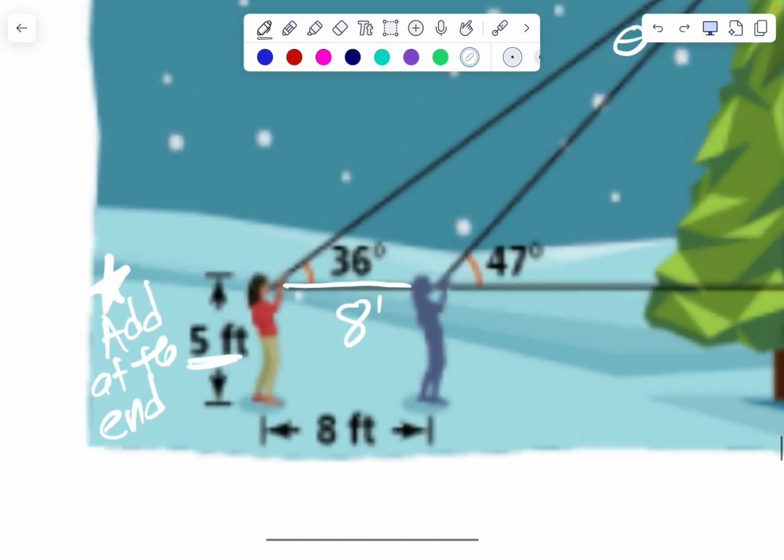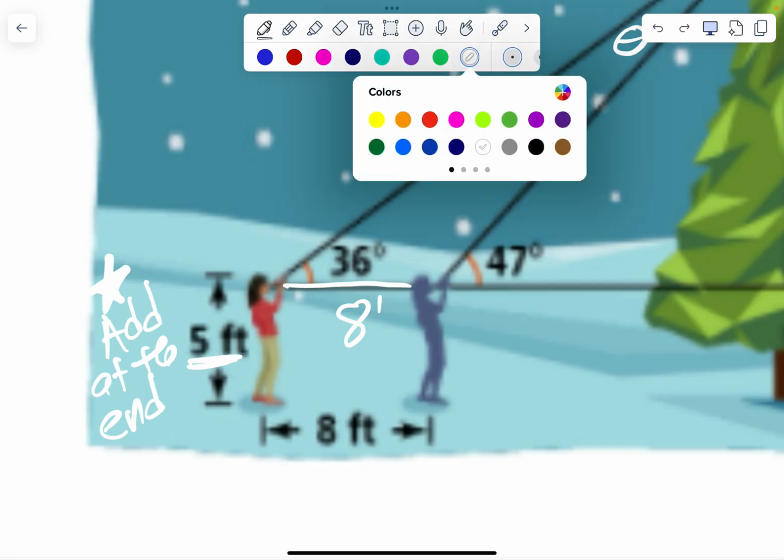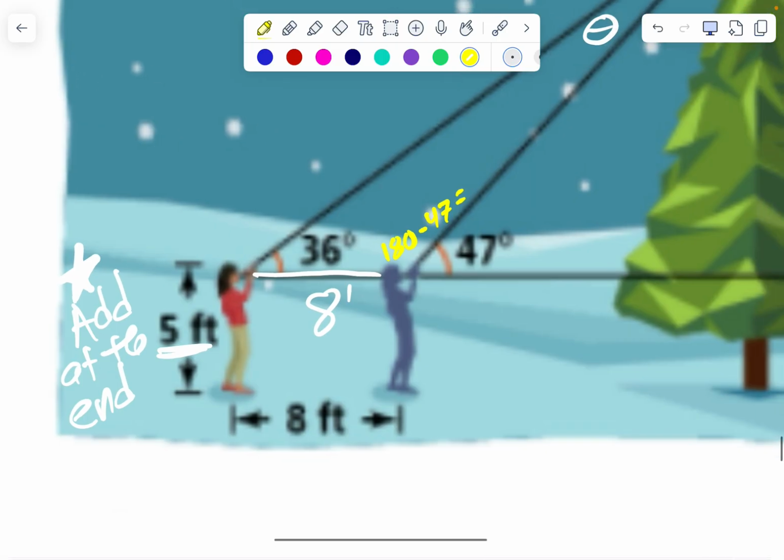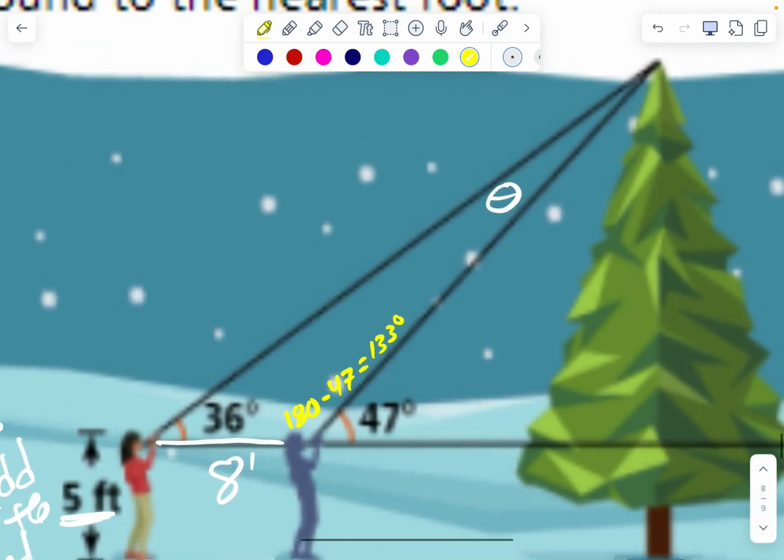So this angle is 180 minus 47, which is 133. And then theta is 180 minus 36 minus 133.